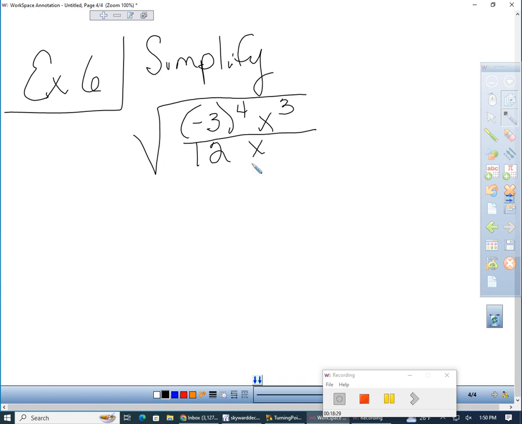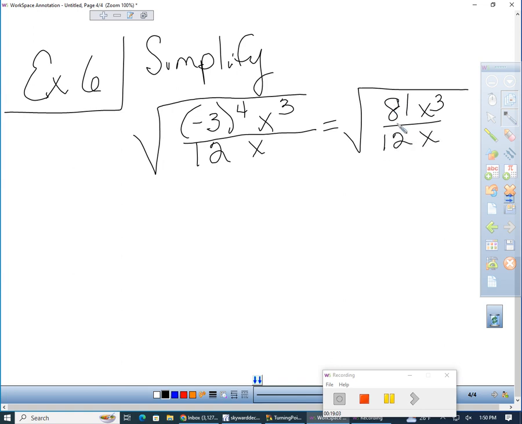All right, so what do you think we should do first here? Negative 3 to the 4th power? Okay, negative 3 to the 4th power is actually 81. So I have 81 x to the 3rd over 12x.